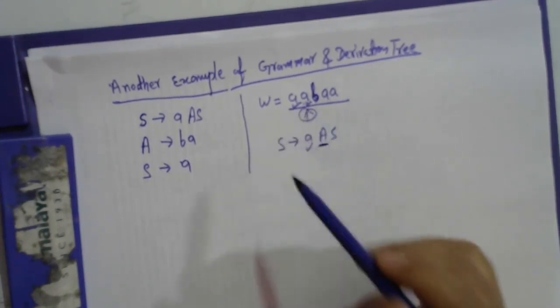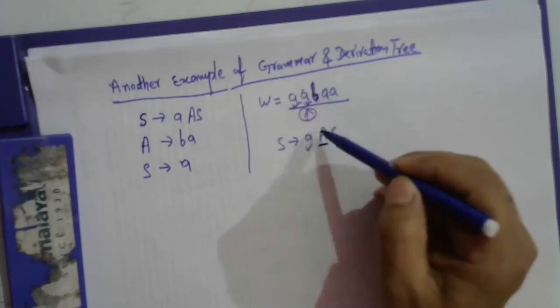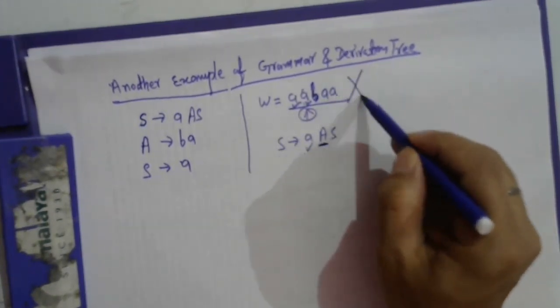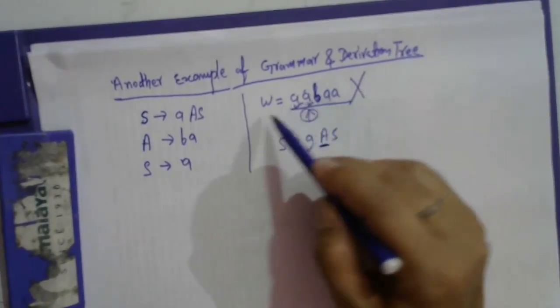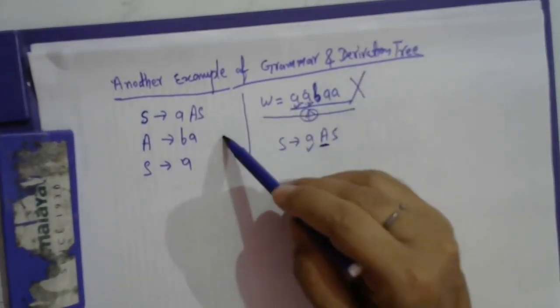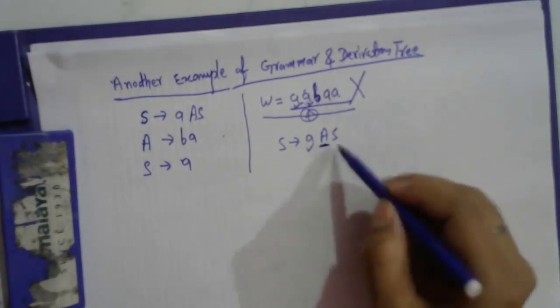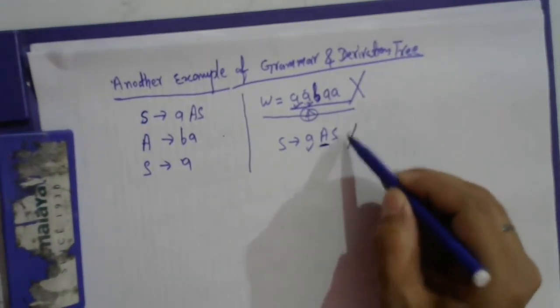There is a contradiction, since we are not getting this A. It means we cannot generate this string with the help of this grammar.